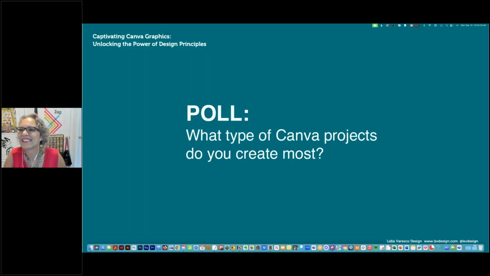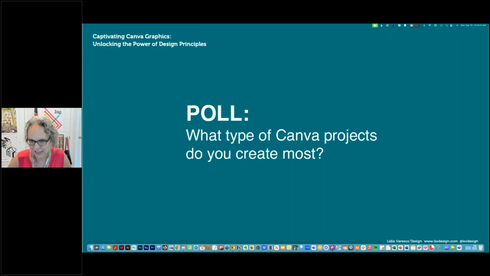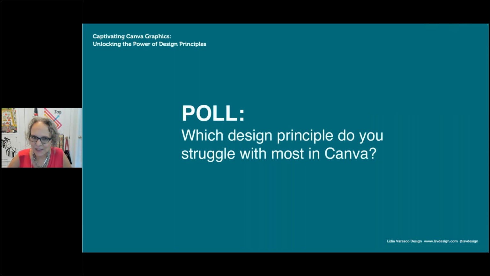All right. Looks like our poll is up. There we go. All right, just as I suspected. So most people are working on social media graphics and flyers. Okay, that's great. I think that this is going to be very helpful for you. A lot of what I'm going to be showing you is social media graphics, so I think that's going to be really helpful.